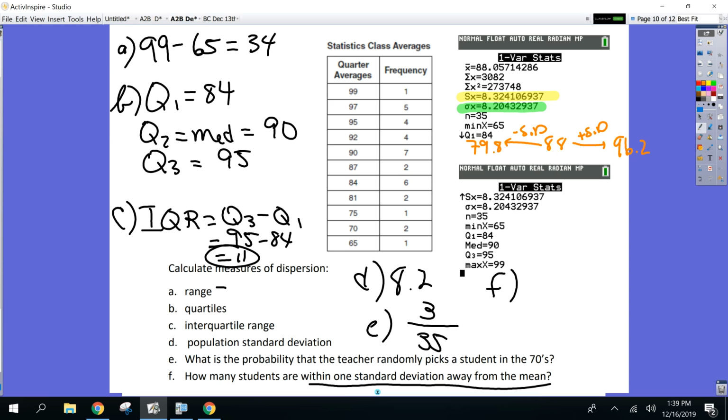So any score between those two is considered within 1. So count them up. And what are you looking for? Just how many? Not probability, not percent, just how many. So go ahead, add them up that fall within that range. Within one. So anything between 79.8 and 96.2. And we got there by adding the standard deviation and subtracting it from the mean.